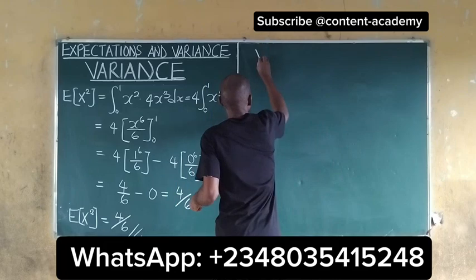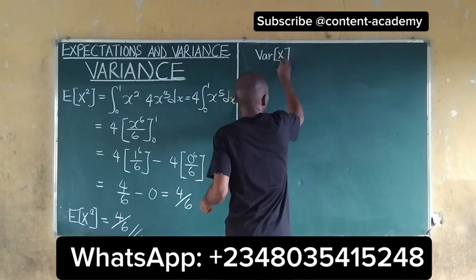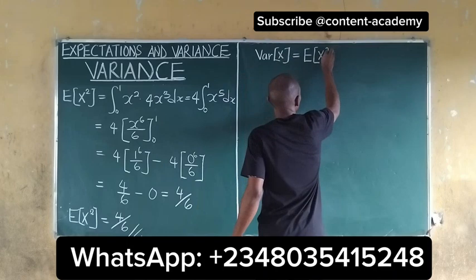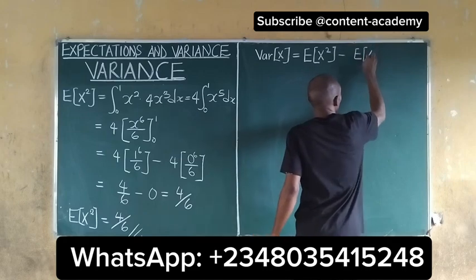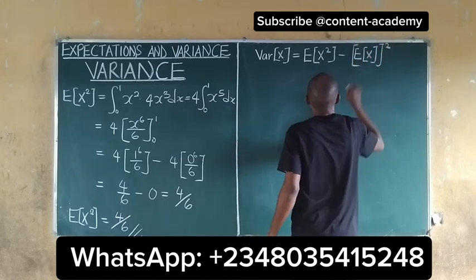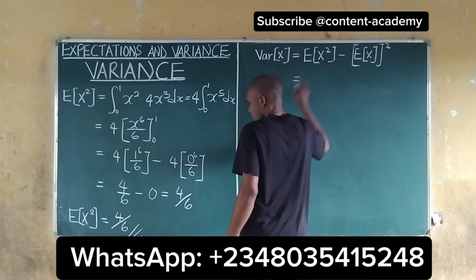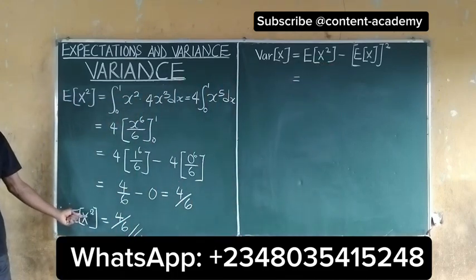So we have our variance, like we have written before, our variance of x to be equal to the expectation of x squared minus the expected value of x all squared. So we ask ourselves, what did we get as expectation of x squared?